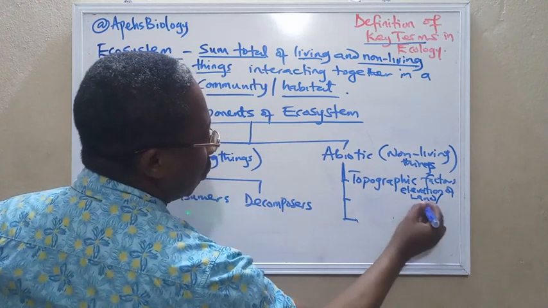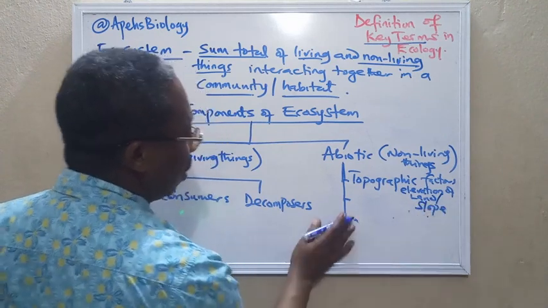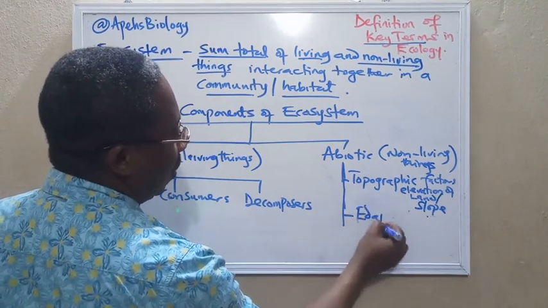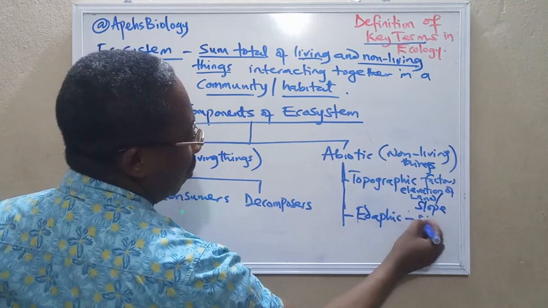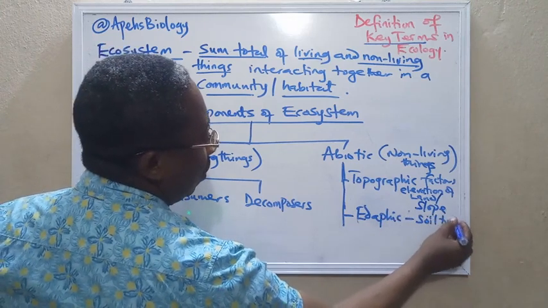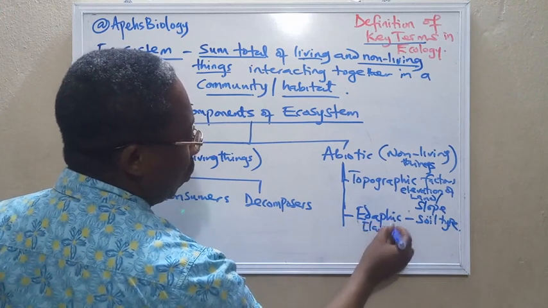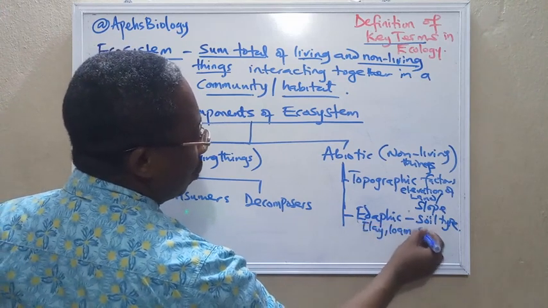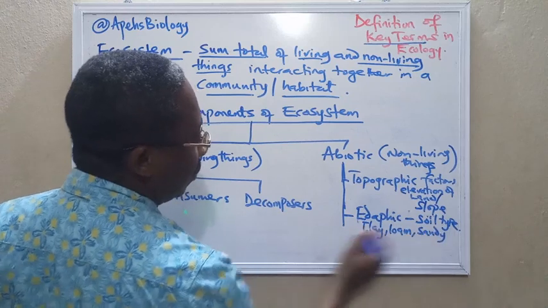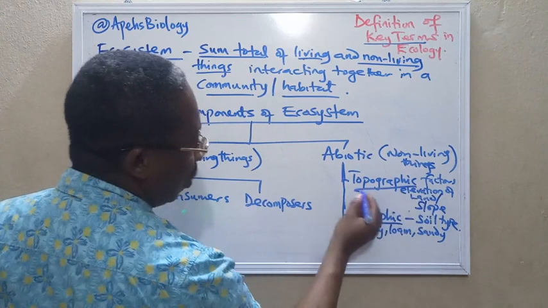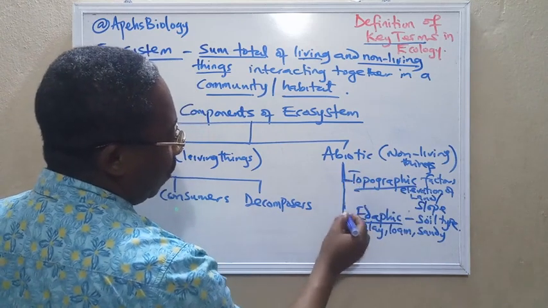Or it can be edaphic, which is connected with soil type. The soil can be clay soil, or loamy soil, or sandy soil. That's edaphic. This one is topographic, all under abiotic.